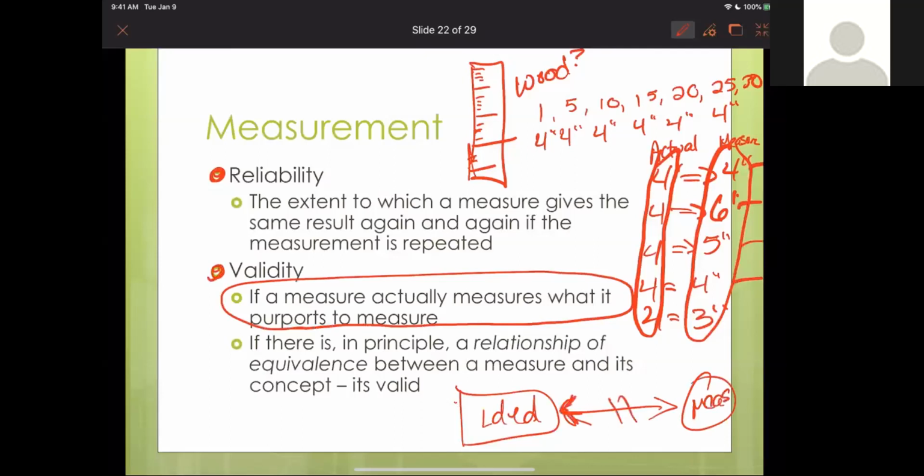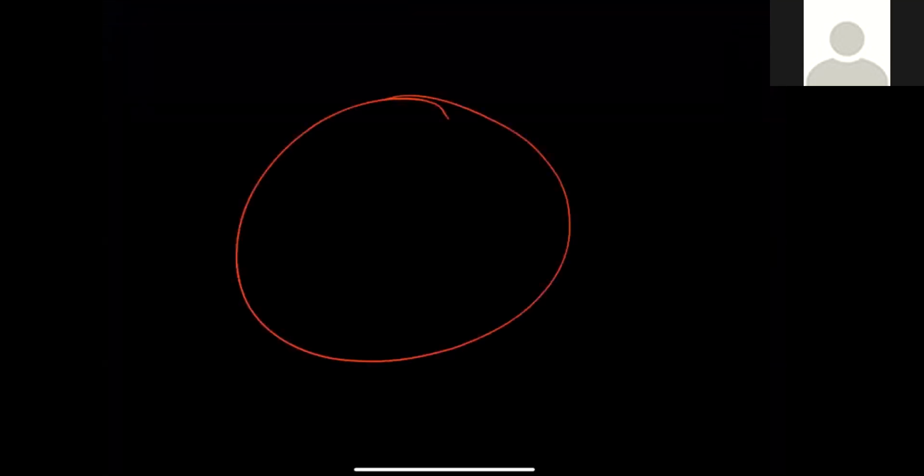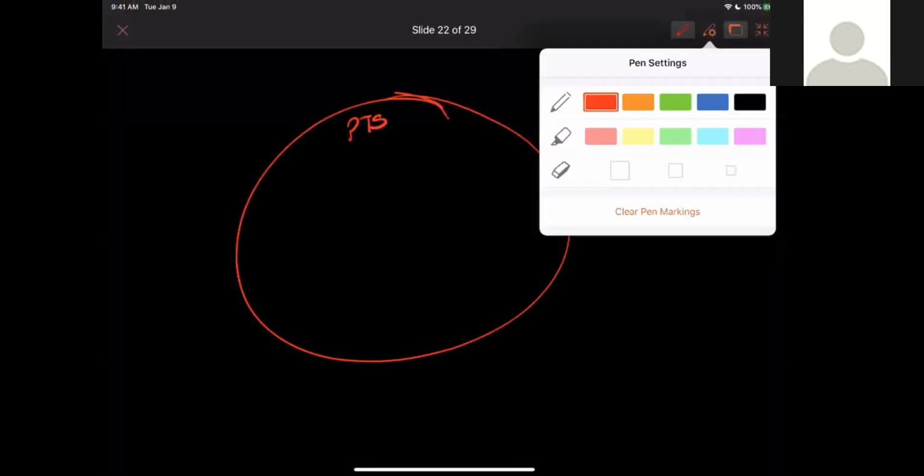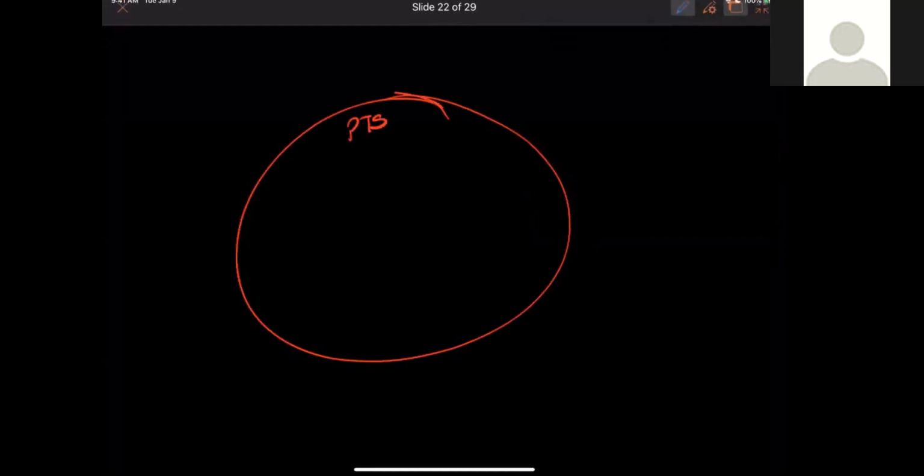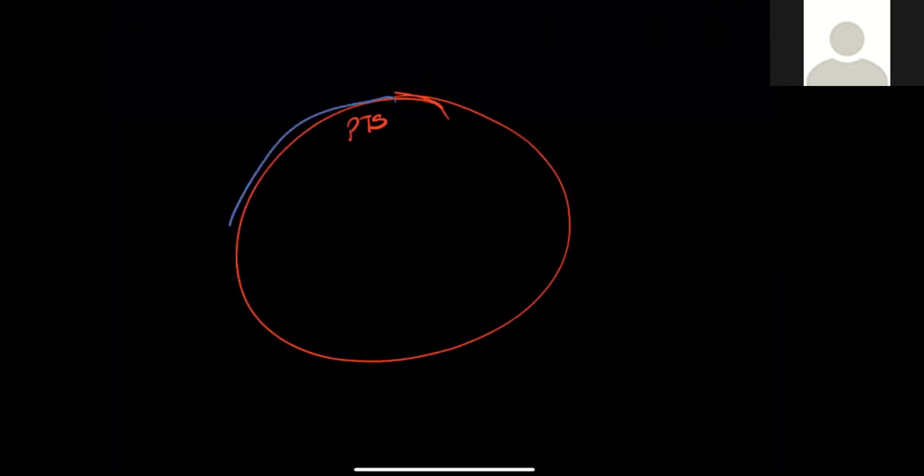If you think about it this way, let's say this is post-traumatic stress, the idea, and we want a measure that looks like this. When we try to measure something, we're going to try to draw a measure that's like this.